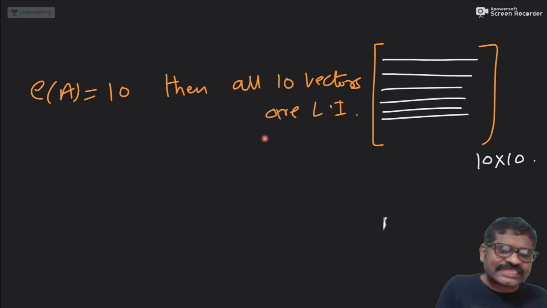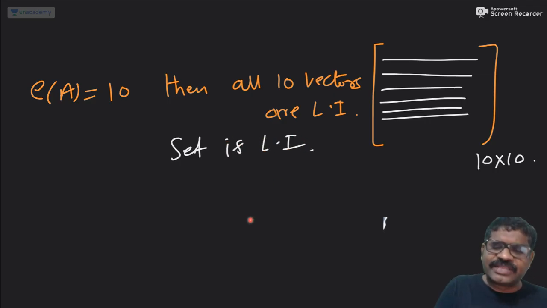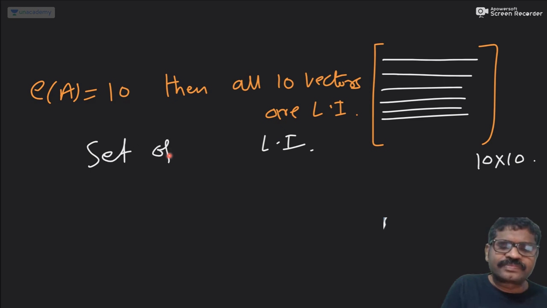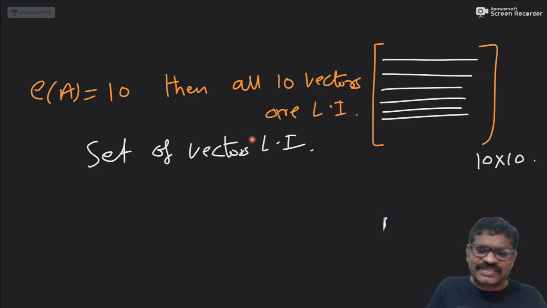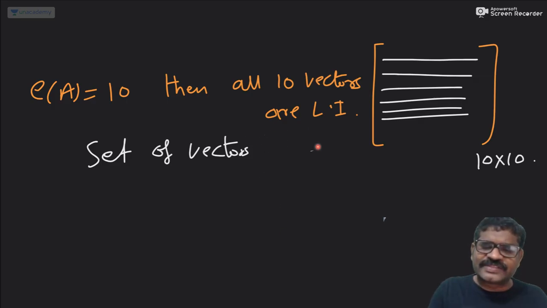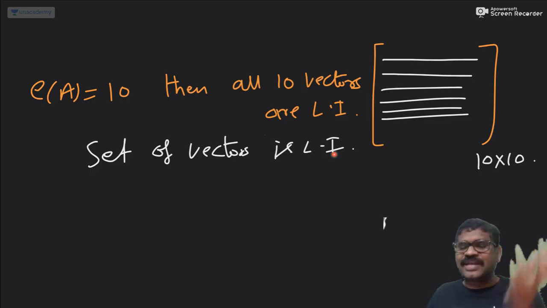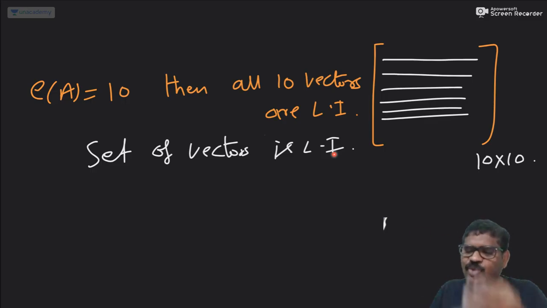Then the set is linearly independent, meaning the set of vectors is linearly independent. Here is no doubt, because I have given 10 vectors, you have arranged them in a matrix, you got rank 10. Therefore, all 10 are linearly independent. Clear.